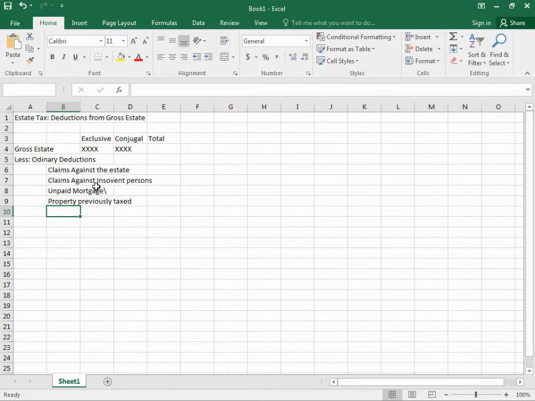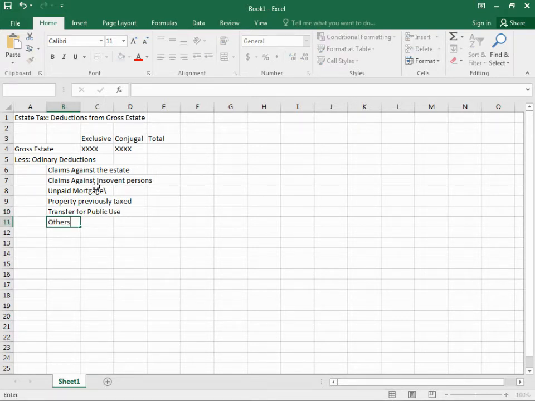Another one is transfer for public use. Ayan, so if the decedent has transferred a property or the right of use of the property for public use, then it will not be a part of our gross estate.